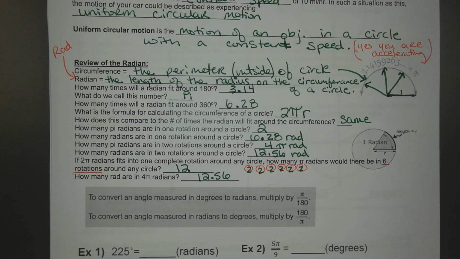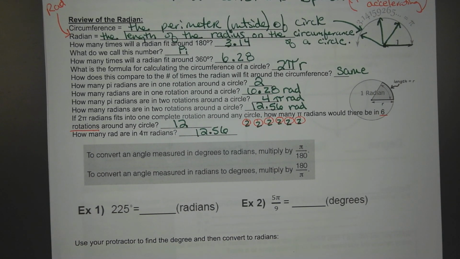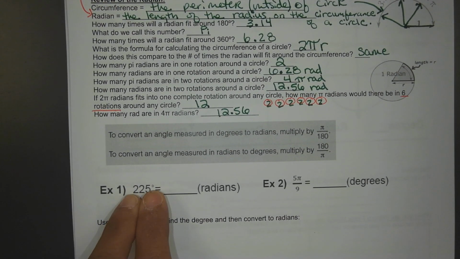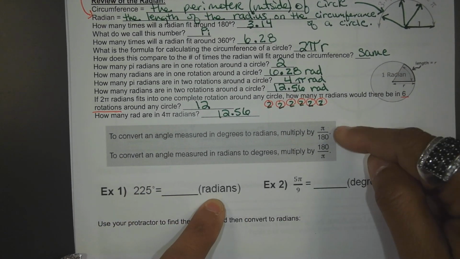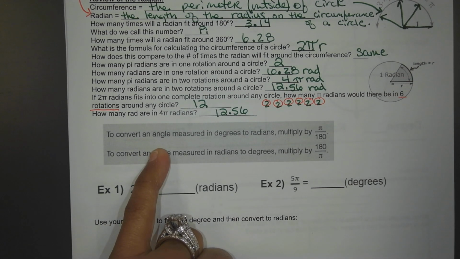Now, let's go ahead and do a little bit of conversions, and then we're going to use your protractor, and then we'll be done, okay? So it says here, we want to convert from degrees to radians. Those 2 equations are going to be on your quiz coming up next week, and they are on your formula chart. Well, traditionally, they're not on a traditional formula chart for physics.